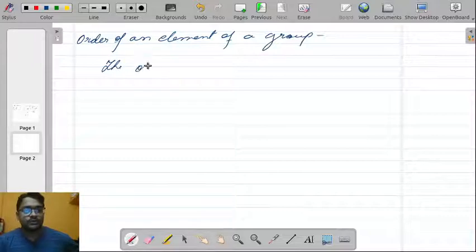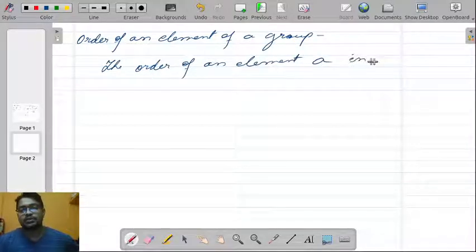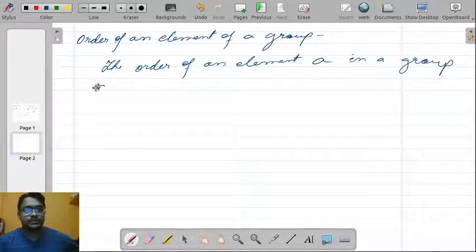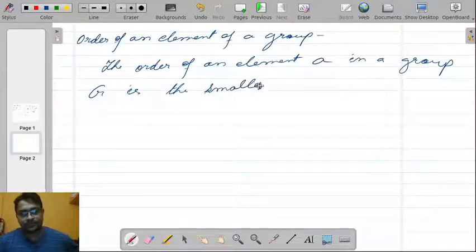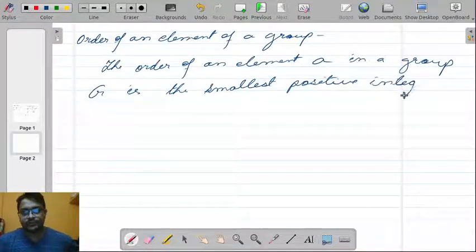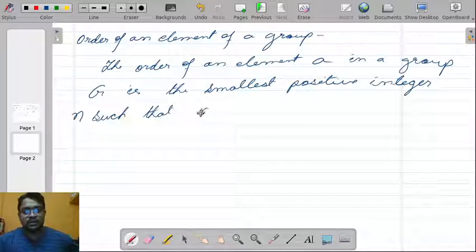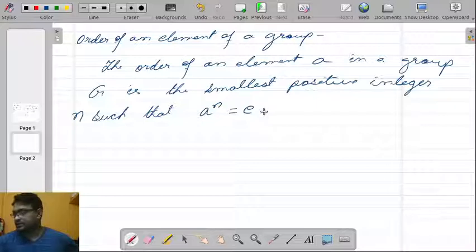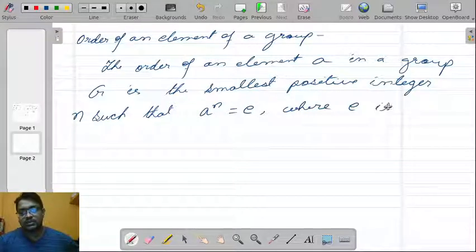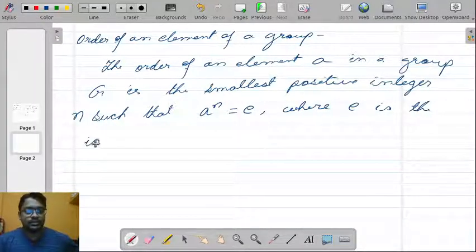The definition: the order of an element a in a group G is the smallest positive integer n such that a to the power n is equal to the identity element e, where e is the identity in G.